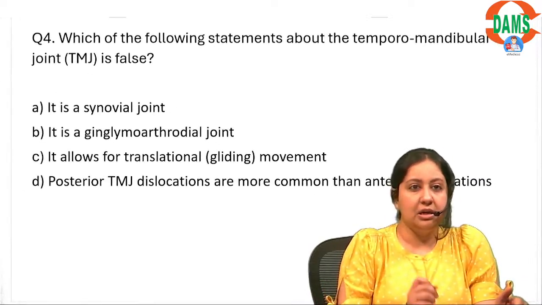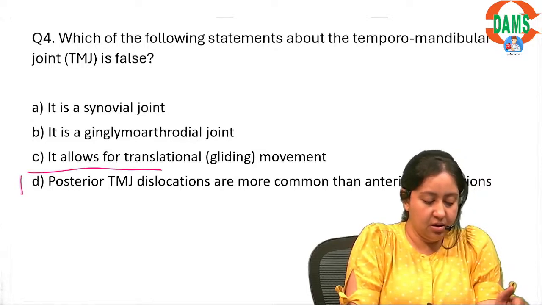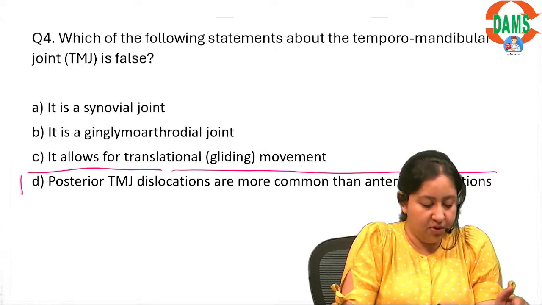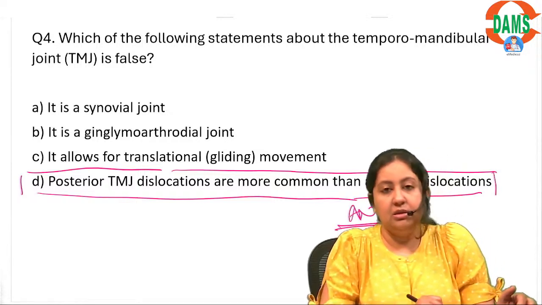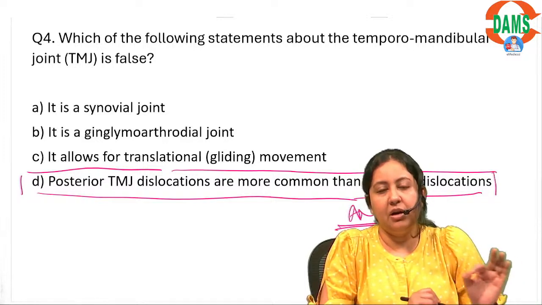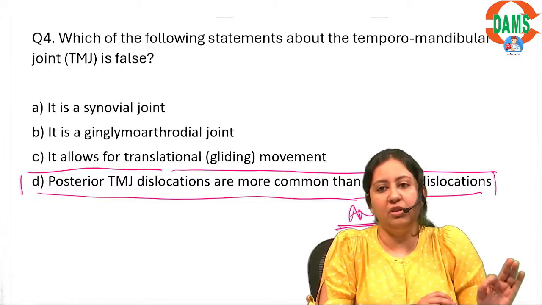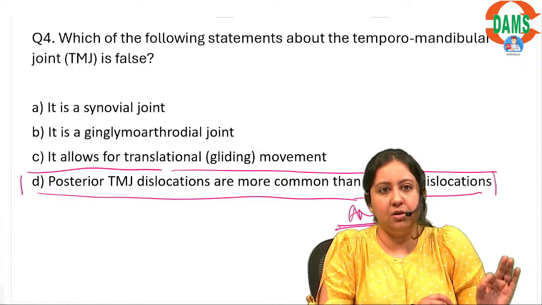So yes, the correct answer is posterior TMJ dislocations are more common than anterior dislocations. Okay, this is the answer, because this is the false statement. Anterior dislocations are more common than posterior. That is the correct statement. Alright, so this is the false statement.